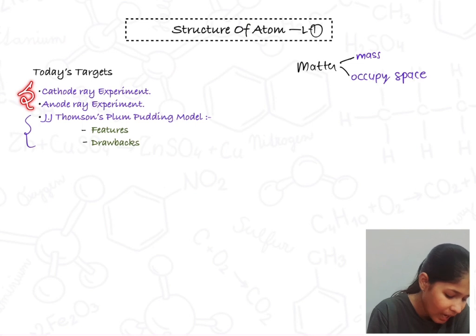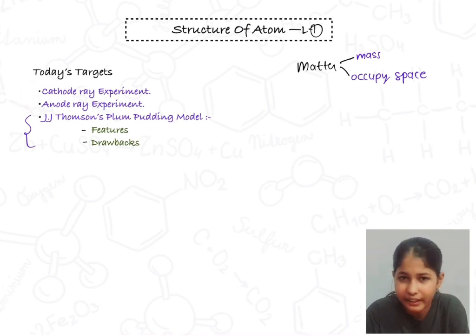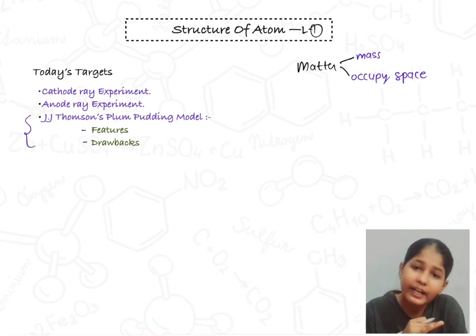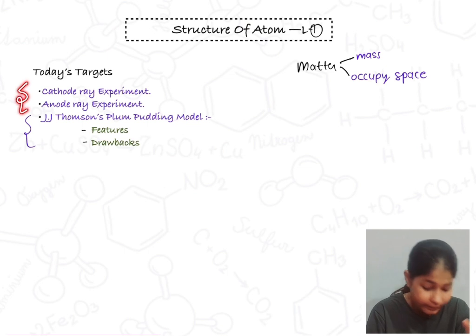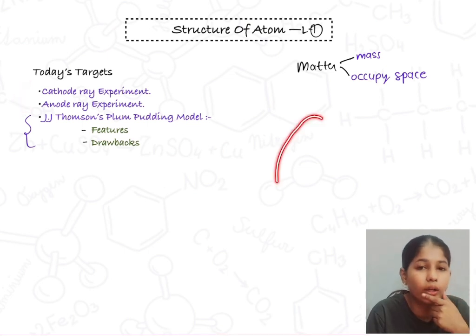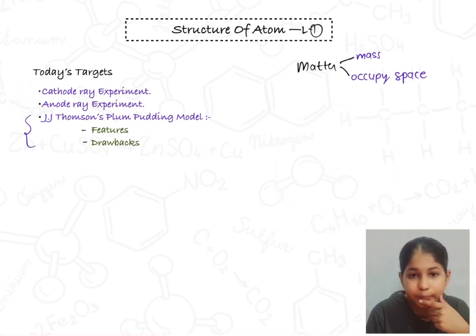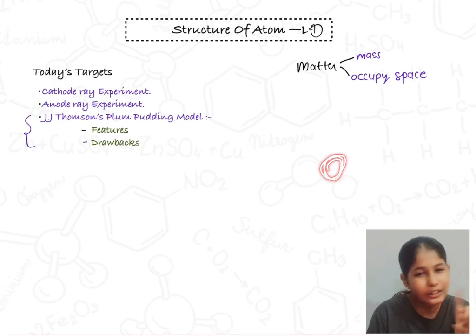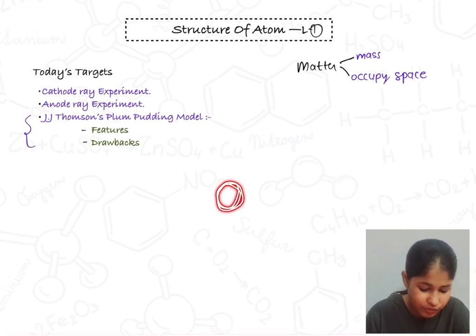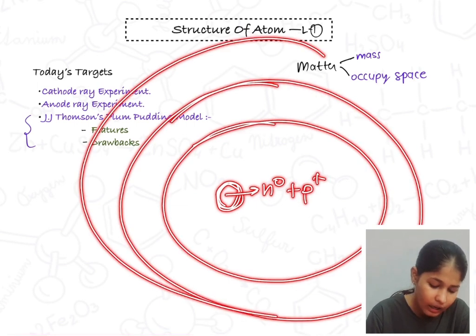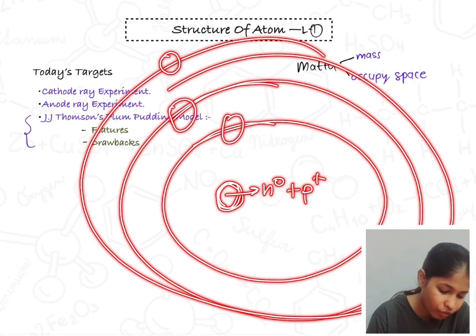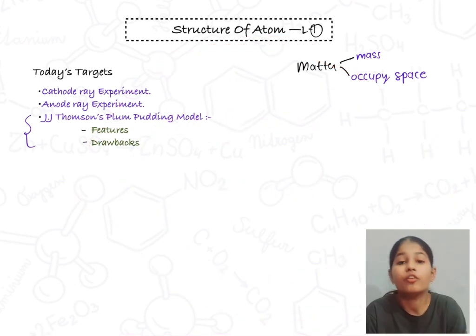So what happened after all the scientists were satisfied with the cathode ray experiment and anode ray experiment? Now all of the scientists started asking how these electron and proton are arranged inside the atom. Today we know that the atom is like this: we have a nucleus, and inside the nucleus we have neutron and proton, and around the nucleus we have orbits, and inside those orbits we have electrons.